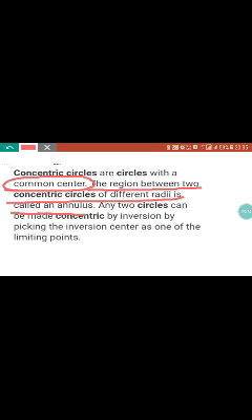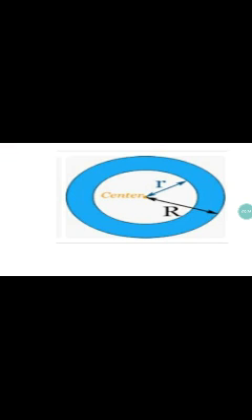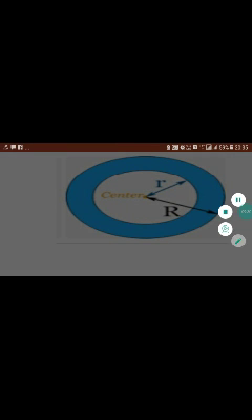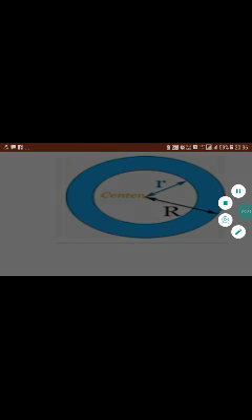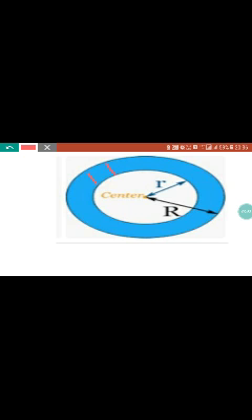See in this figure, we have one big circle and one small circle, with one common center here. This is the small radius and this is the big radius, and this is how concentric circles are drawn. This part is called the ring.